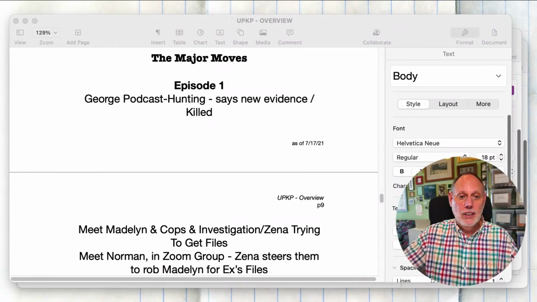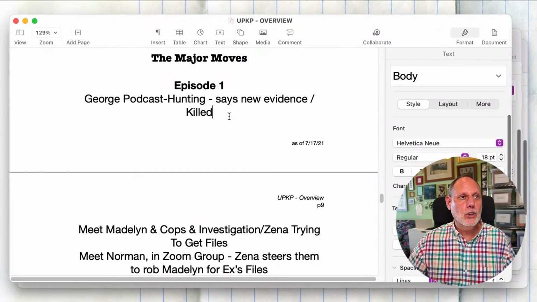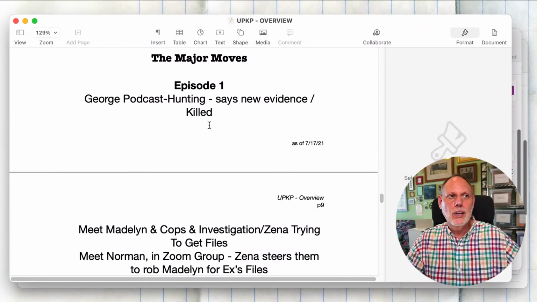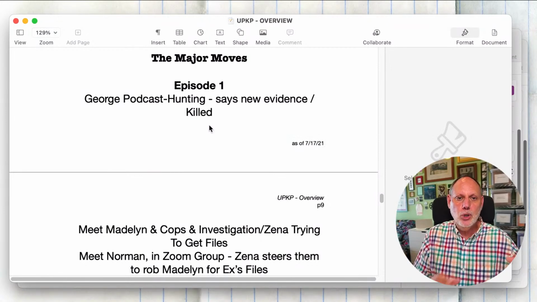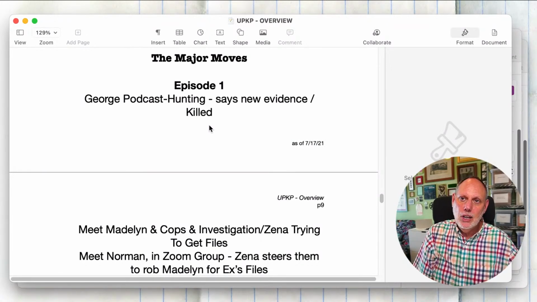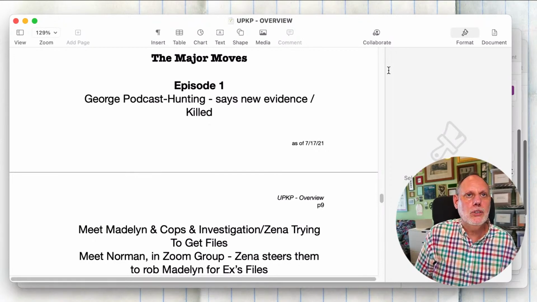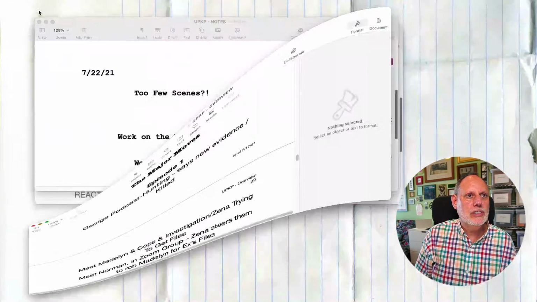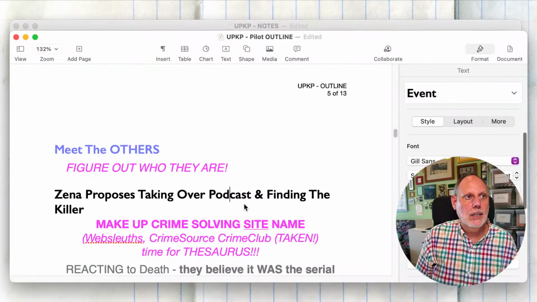So this is what I do. I don't necessarily put the major moves into the outline, although sometimes you can make them into sequences here.